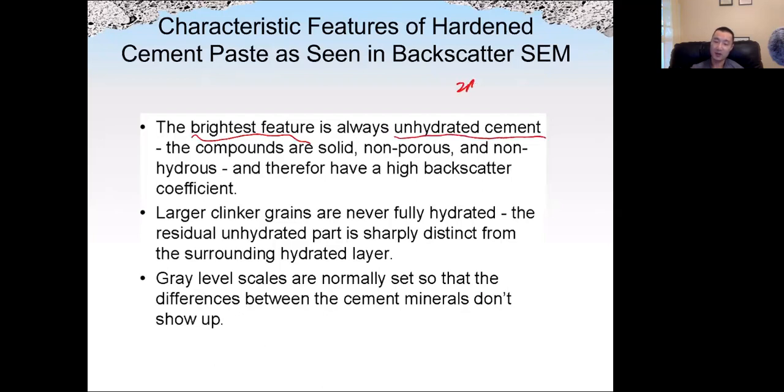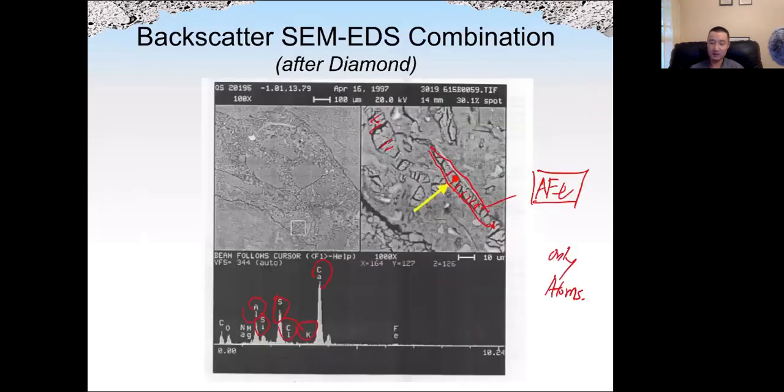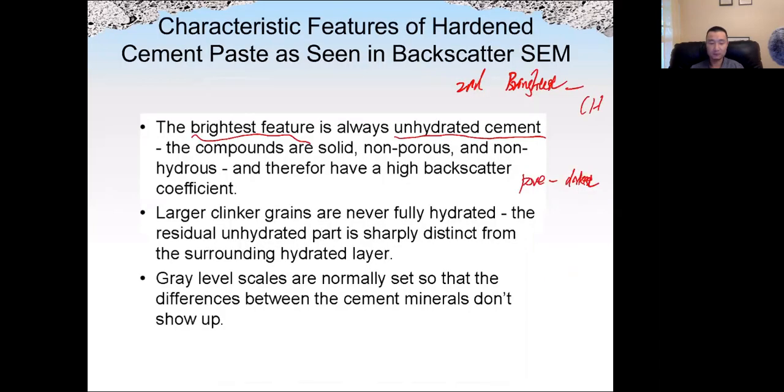The second brightest will be calcium hydroxide, and the darkest will be the pores. Also based on the patterns, for example, ettringite will show strip patterns, so we know this is ettringite or AFt.